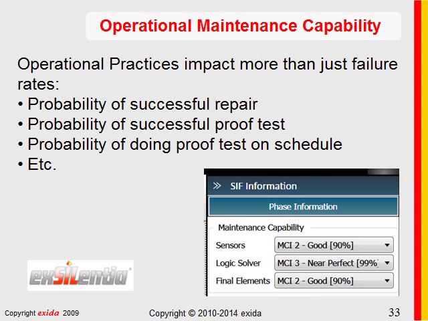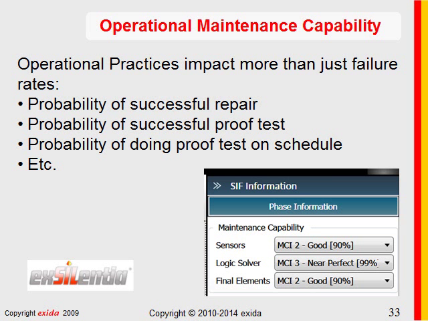So at Exeter, we created a model based on maintenance and operational capability levels, and put it into our tool, the Excellentia tool. We vary the probability of successful repair, probability of successful proof test, and the probability of doing the proof test on schedule, considering these somewhat stochastic variables, and take this into account during the proof test calculation.